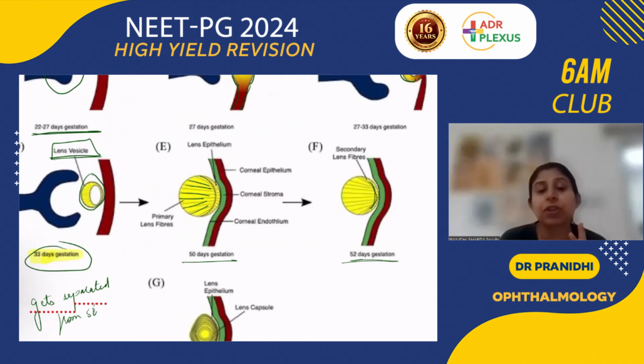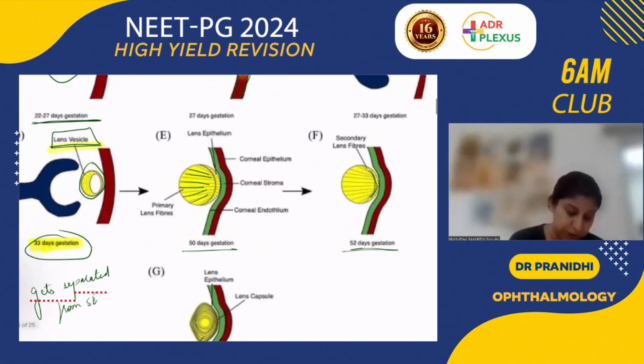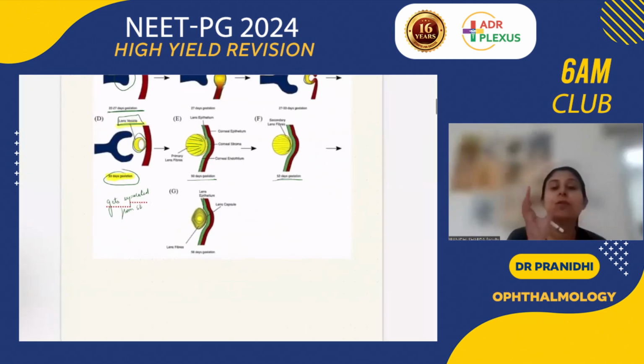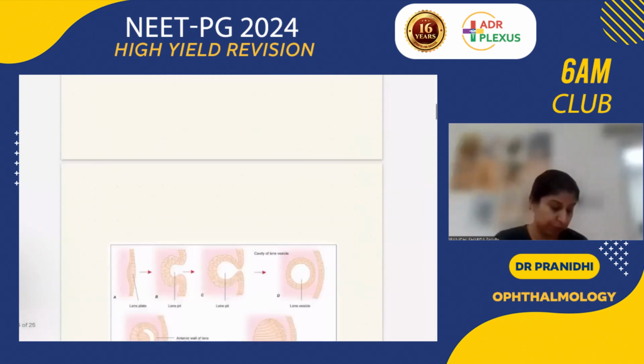Even if you cannot remember all the days, you must remember that at 33 days of gestation, the lens vesicle gets separated from the surface ectoderm, and the full formation of the lens in the form of primary and secondary lens fibers is complete by 56 days of gestation. That is the most important point if you cannot remember the whole of the embryology.